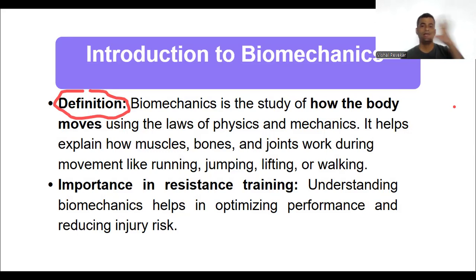This will help you understand how muscles, bones, and joints work together for anything that you do, for example running, jumping, or even doing resistance training exercise. So this becomes most important because this will not just keep you away from injury, but also help improve performance, which is the most important when it comes to exercise.